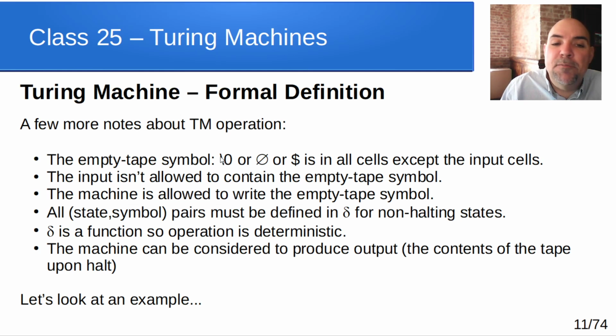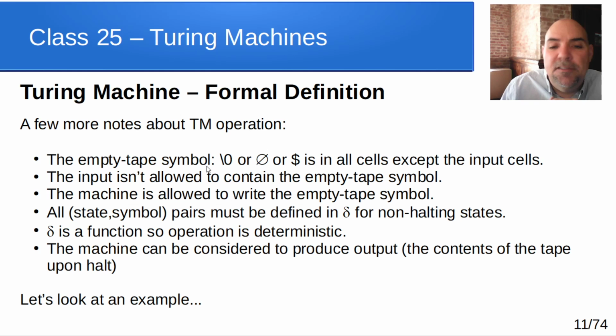It might be represented by the C language \0 to represent the null character, or the empty set symbol, or $, or sometimes a £ sign or something else. Sometimes it's a period.